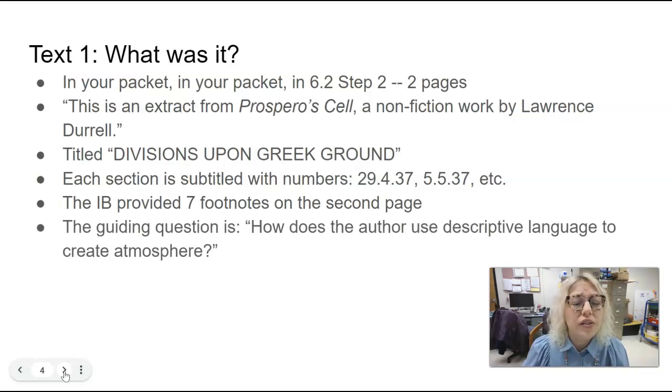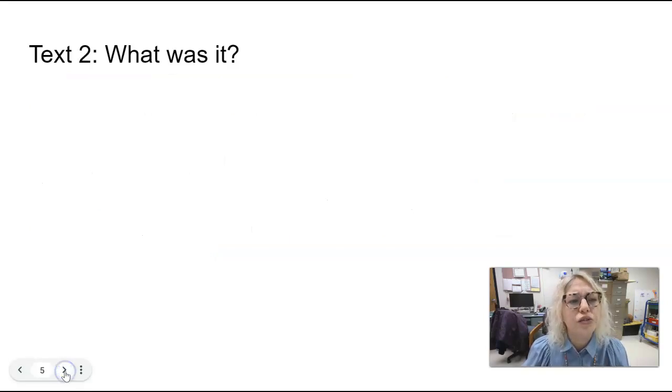The guiding question is also on the 2nd page, and it's, how does the author use descriptive language to create atmosphere?